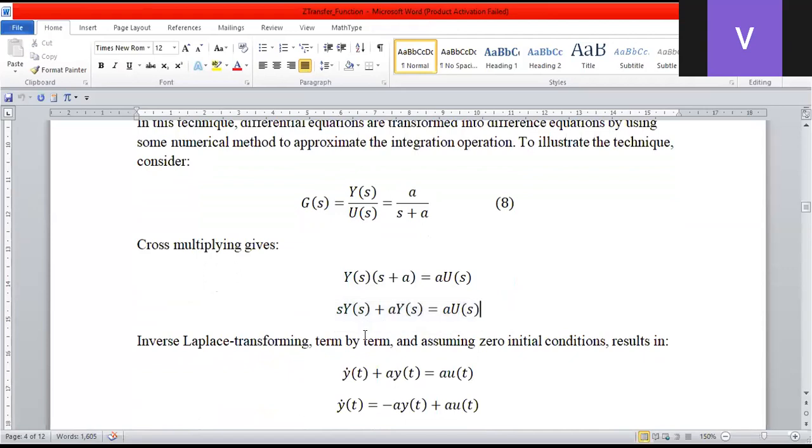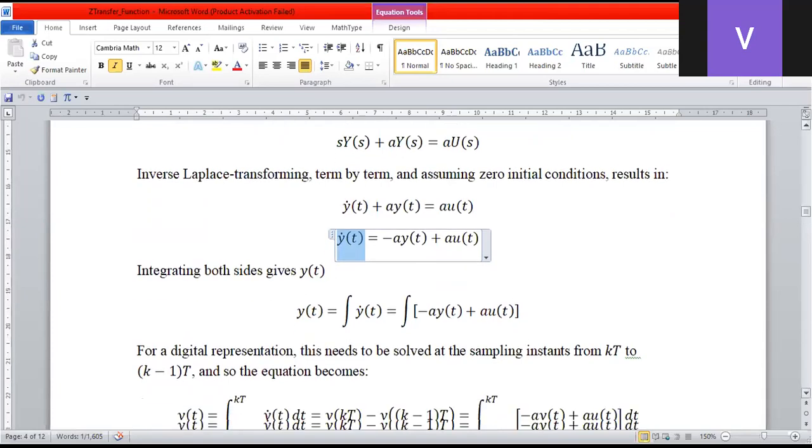Then if we take the inverse Laplace of this, the inverse Laplace of sY(s) is y dot, that is dy/dt. The inverse Laplace of this is this, and the inverse Laplace of this is this. Now we make y dot the subject of the formula and we get this.